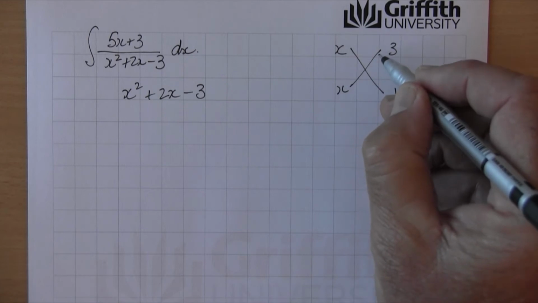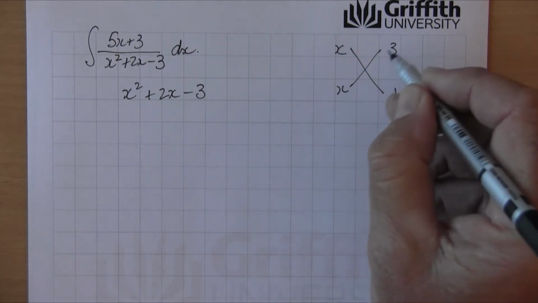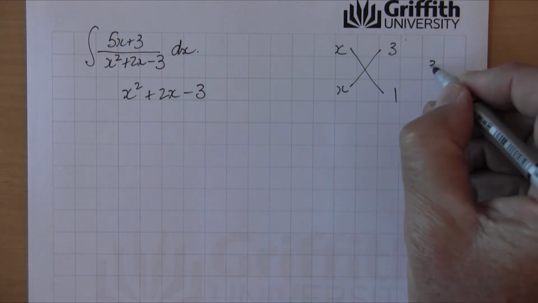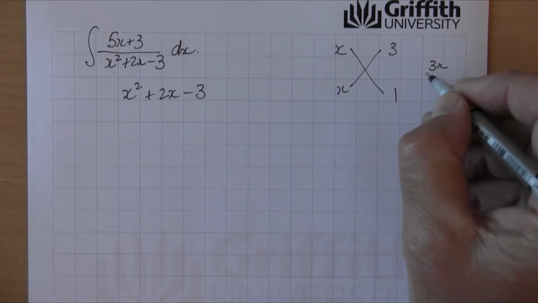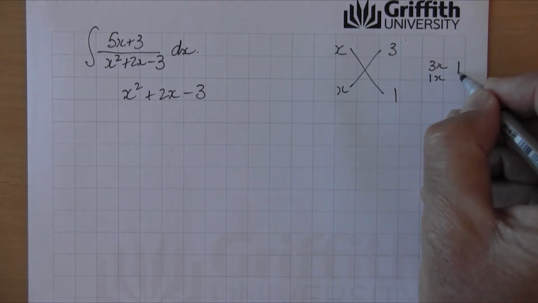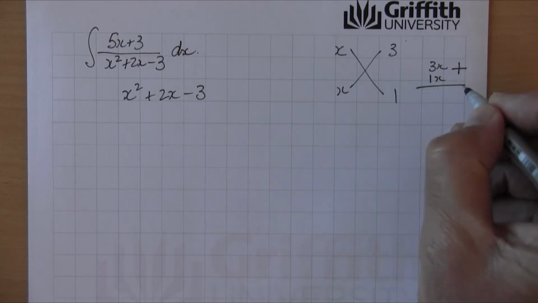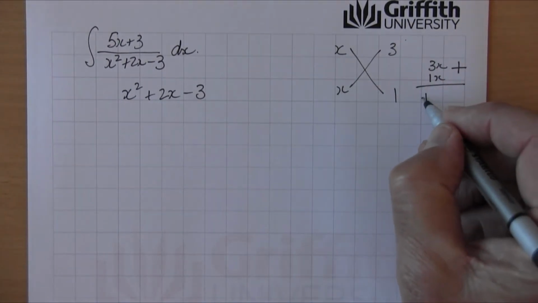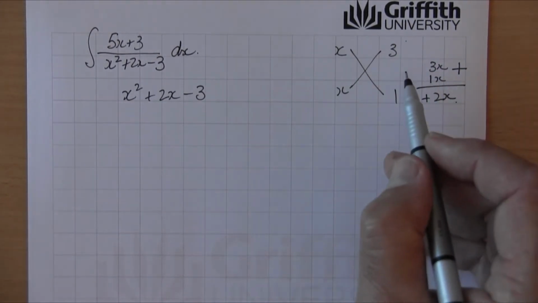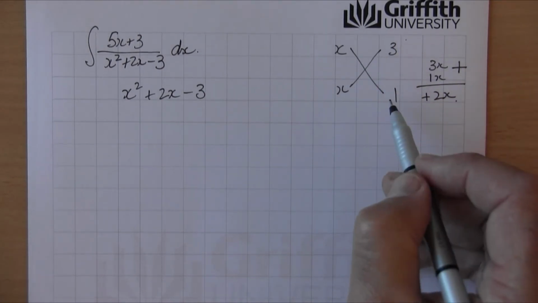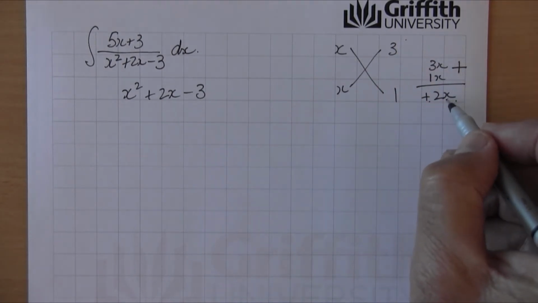When I multiply along the arms and add, if I multiply along there I get 3x, multiply along there and I get 1x. When I add, and you always add those two together, I have to get the middle term. I know that these signs are opposites, and I know I've got to get a positive.